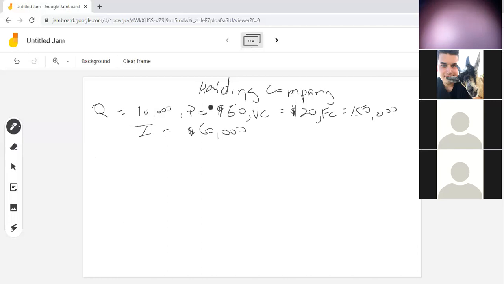So for the first part, A, is to find the degree of operating leverage. So our contribution margin over earnings before interest and taxes.